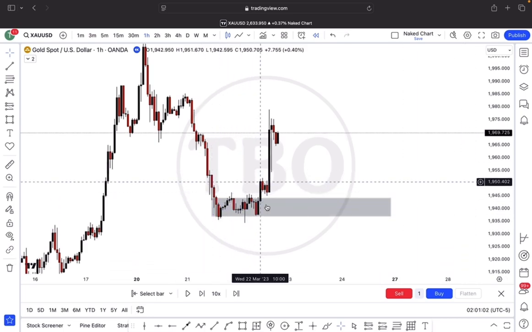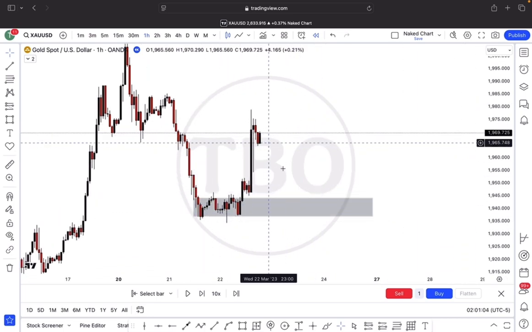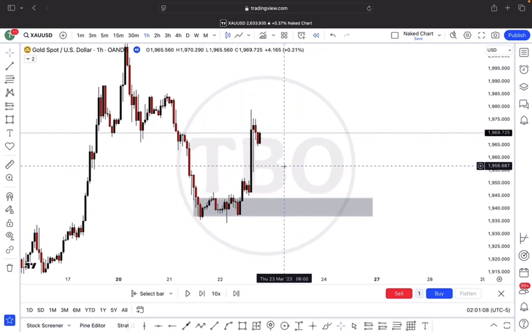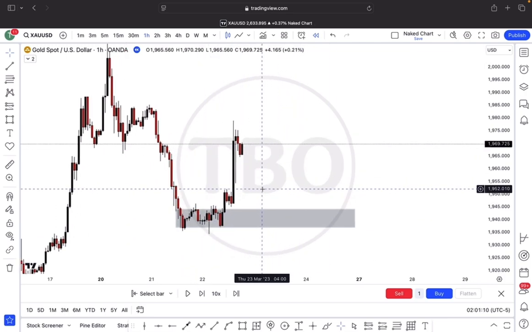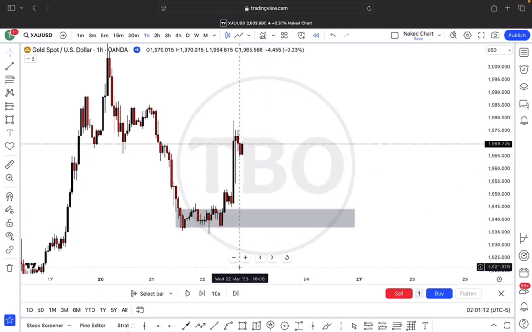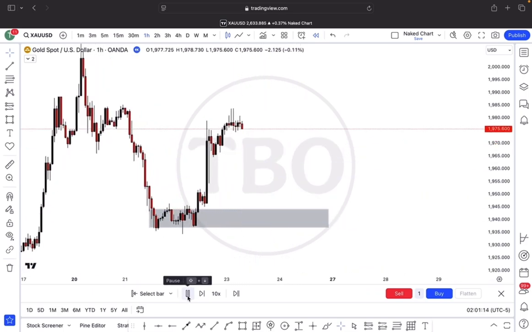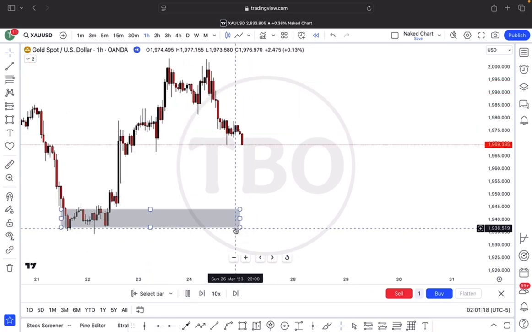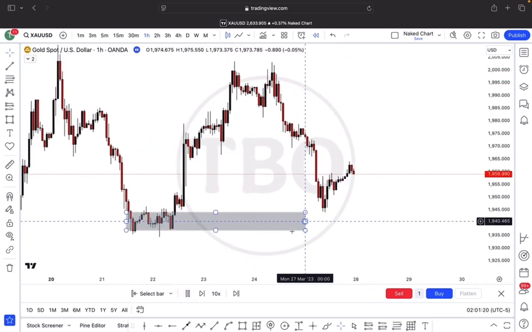So that already took off. But let's see if we're going to get that retracement to the body of these candles in this demand reversal zone. Let's see. Oh yes, we did.